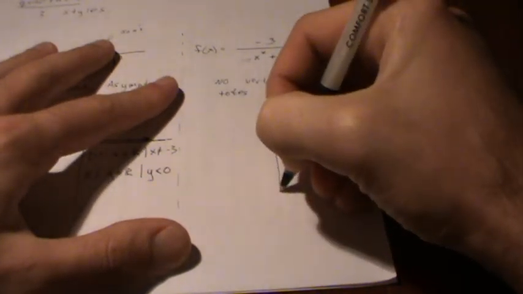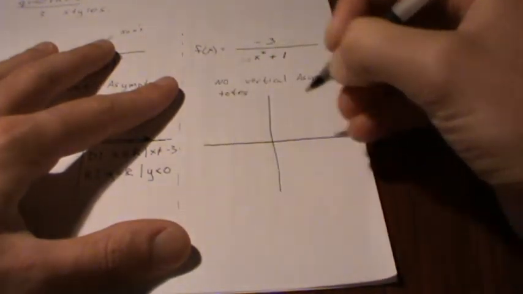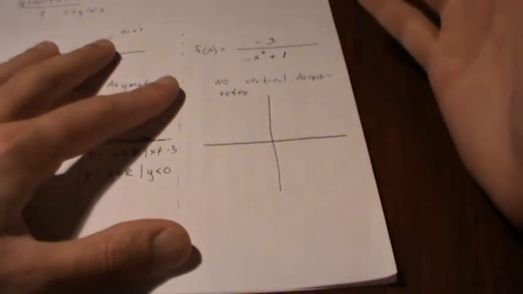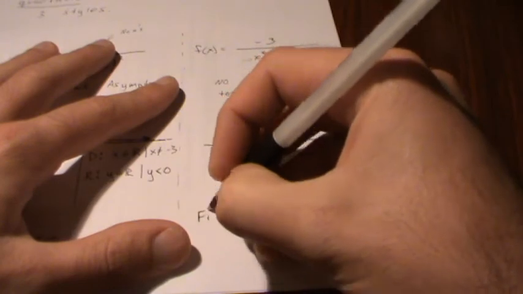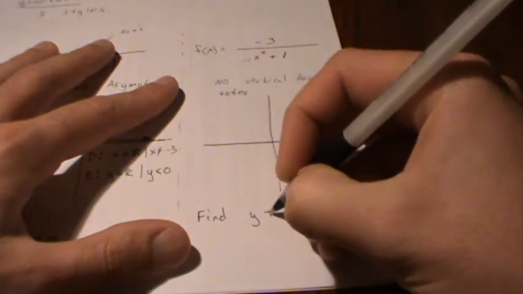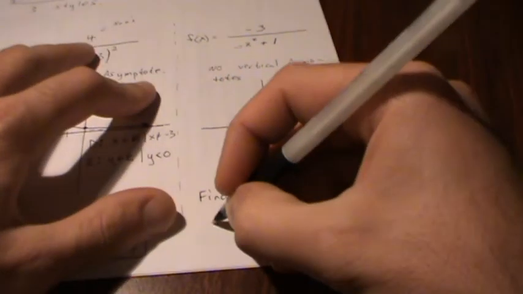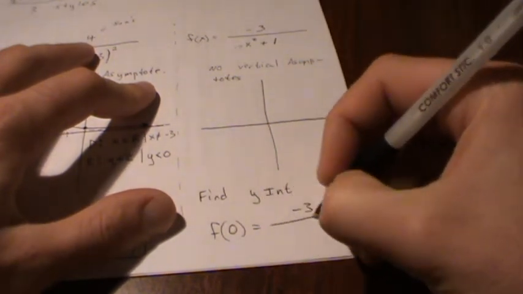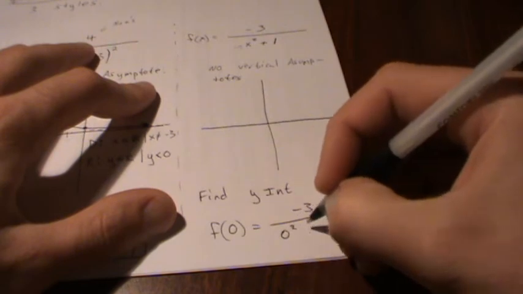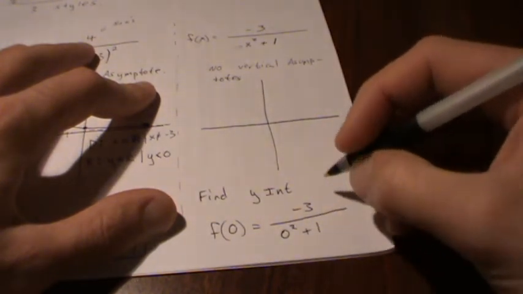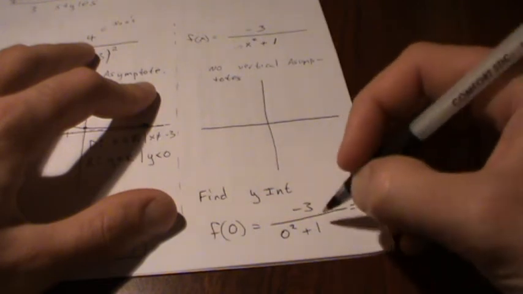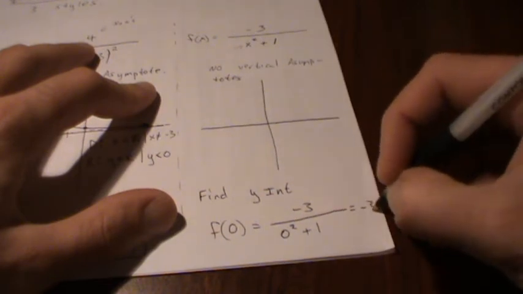And so we start our graph and there's no vertical asymptotes. And so basically what you want to do is just find the y-intercept. And so you do f of 0, again, -3 over 0 squared plus 1. And so the y-intercept is -3.